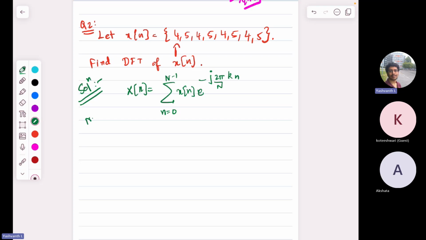Here, what is N? How many values? 1, 2, 3, 4, 5, 6, 7, 8. So it's an 8 length sequence. Therefore capital N is 8. So x of k is the summation n equal to 0 to 8 minus 1, which is 7, of x of n into e power minus j 2 pi by 8 kn.